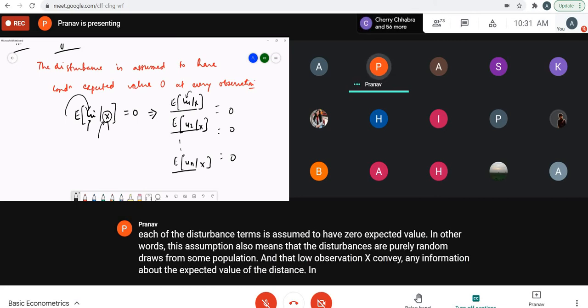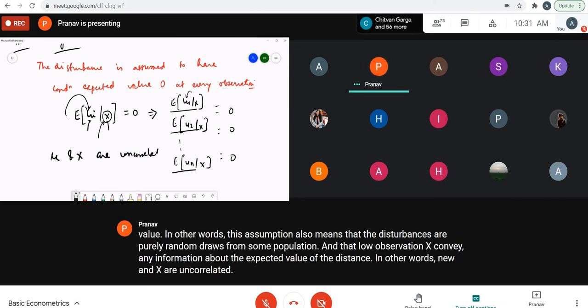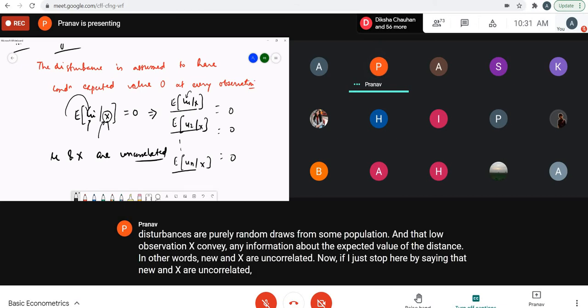In other words, mu and X are uncorrelated. Now if I just stop here by saying that mu and X are uncorrelated, the purpose does not stop here.